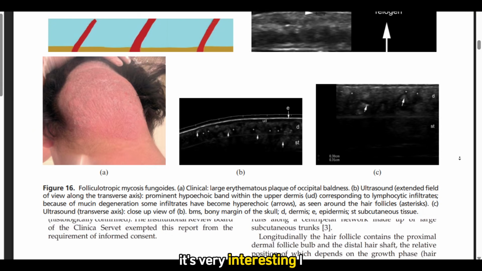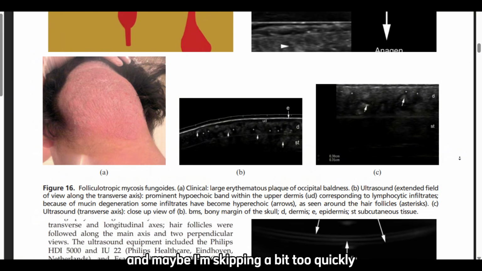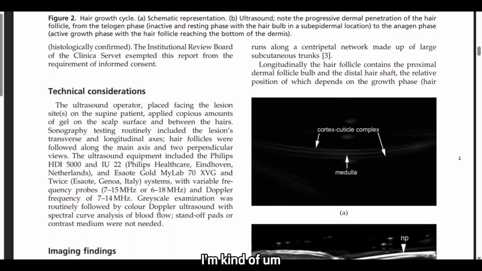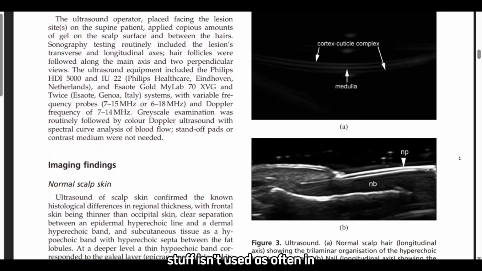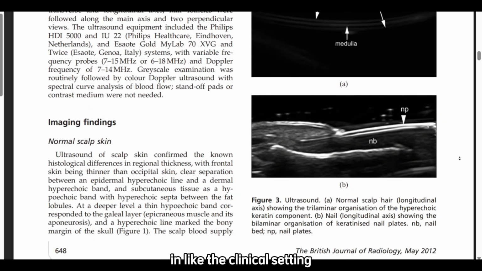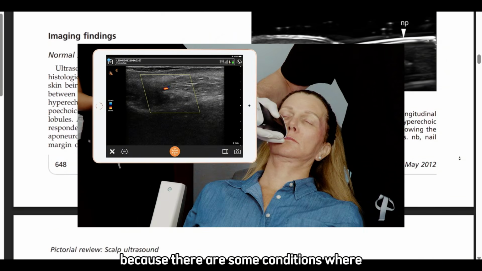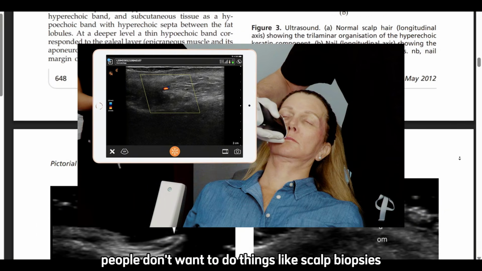So it's very interesting, and maybe I'm skipping a bit too quickly in the questions. I don't understand why this isn't used as often in the clinical setting, and maybe you can give your insights, because there are some conditions where people don't want to do things like scalp biopsies, for example.